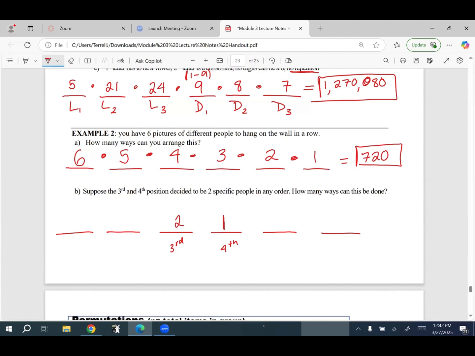Remember, we have 6 frames. 2 of them are gone now in the third and fourth position. So how many frames do I have to select from? 4, followed by 3, then 2, then 1. Counting principle says we multiply this, and when we multiply this, we would get 48. There are 48 ways this can be done.